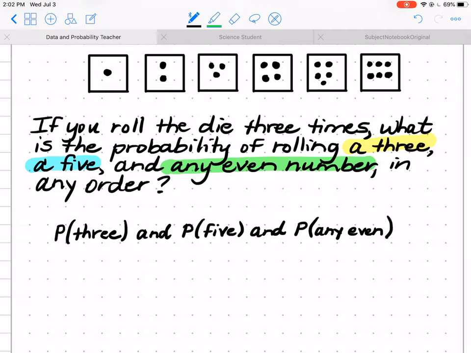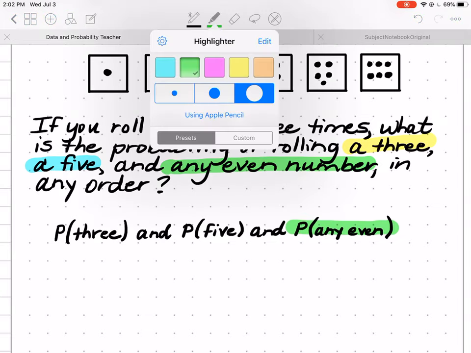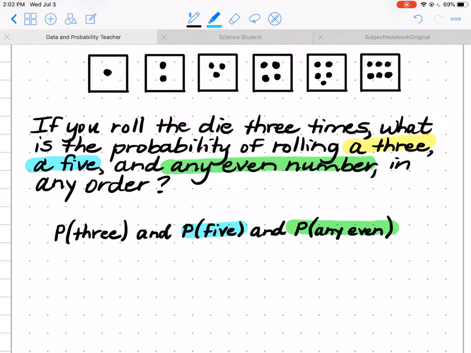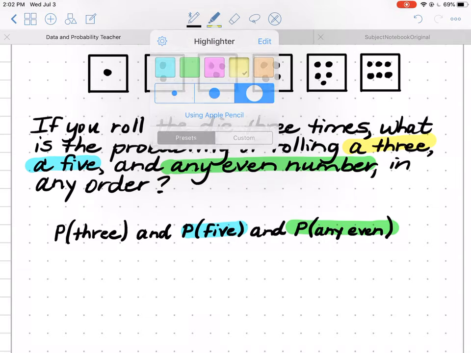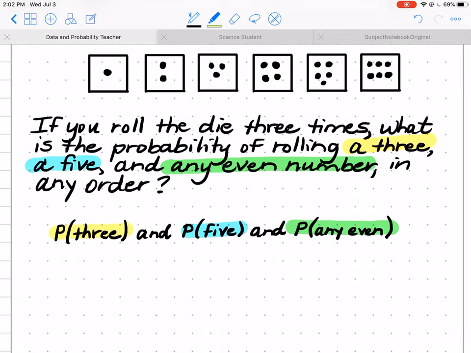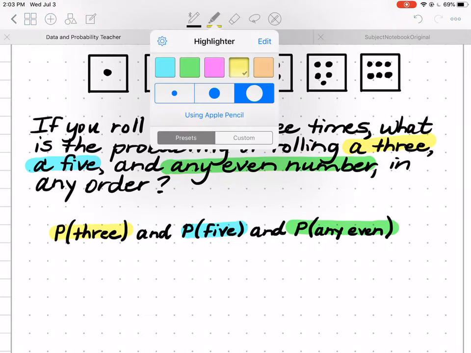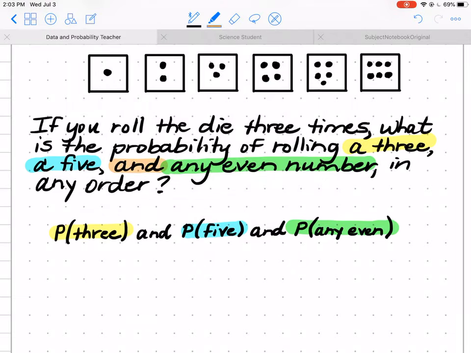So we want these 3 things, and it doesn't matter the order. I'm pulling these directly from my problem. Even the word and is in my problem. Let me highlight it too. Let's just go ahead and go all out. So you see that I'm just pulling these pieces from the problem and setting them up in a math problem.